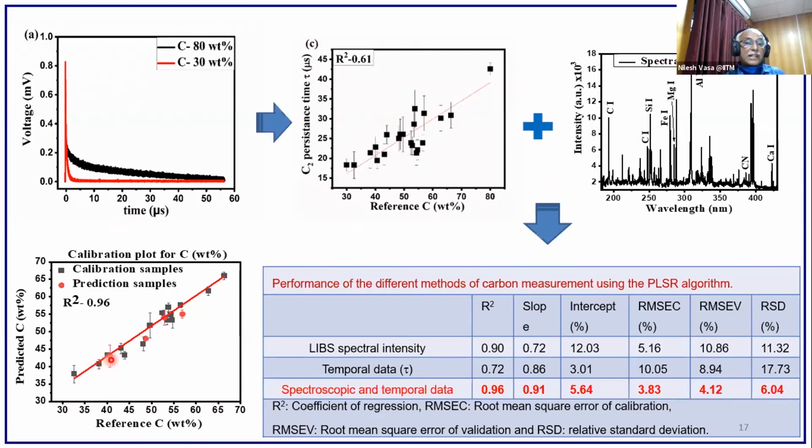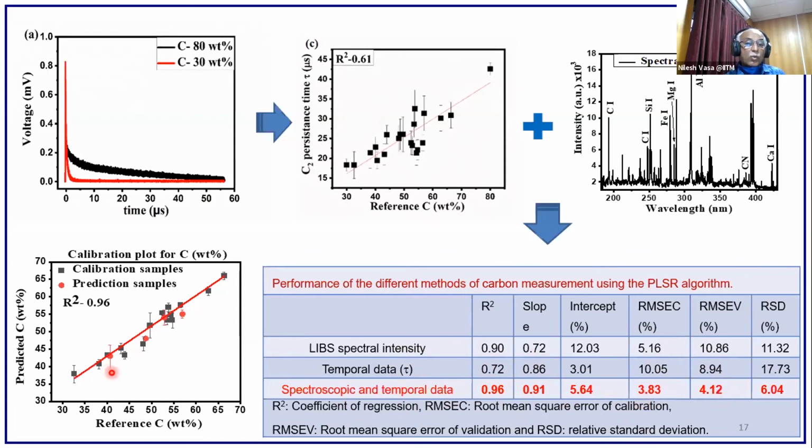We also took some samples and predicted their carbon percentage, and we could measure such characteristics with the error within the range of a few percentage, with respect to relative standard deviation or root mean square error value.